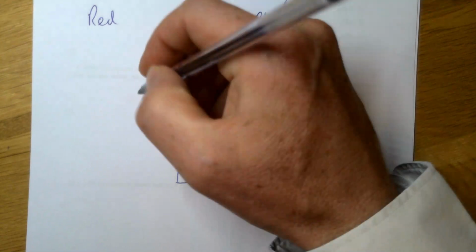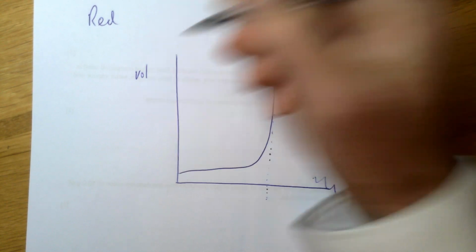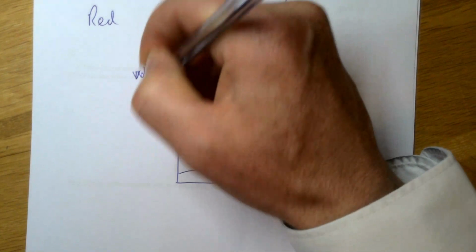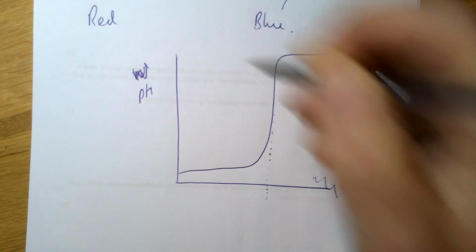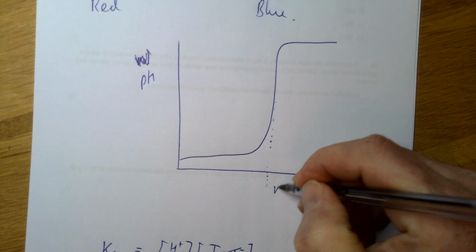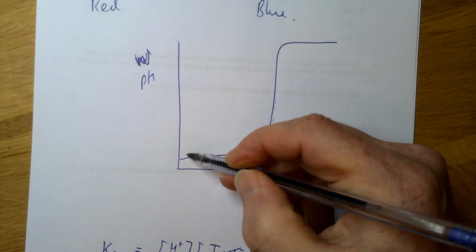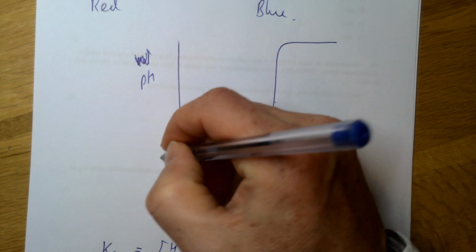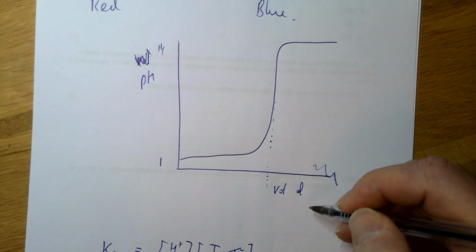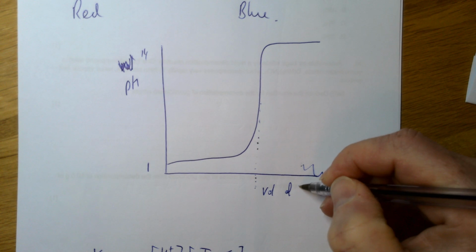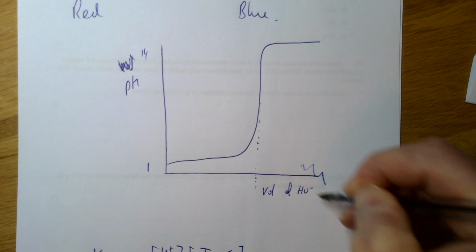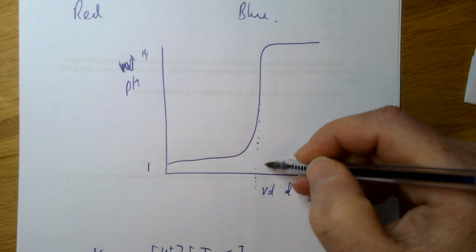If this was a titration reaction, this would be the pH of the solution, and this would be the volume of, in this case, what looks like a strong alkali being added to a strong acid. The equivalence point, this is the volume of the hydroxide being added, sodium hydroxide, let's say.